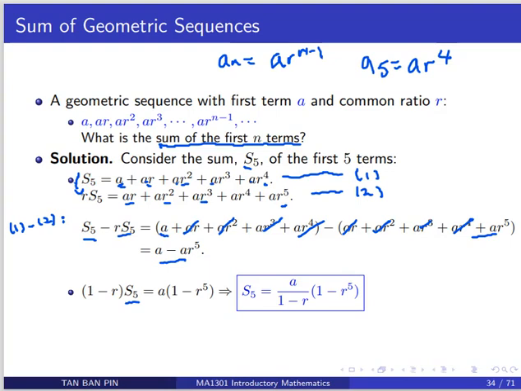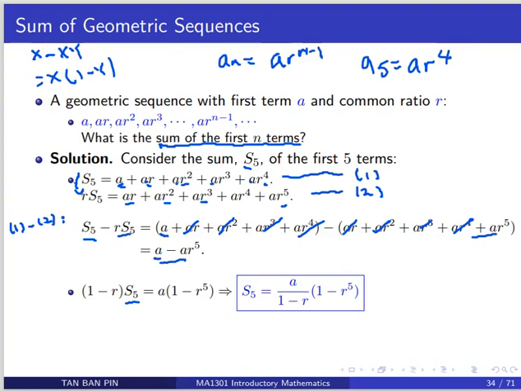It's exactly like factorizing x minus xy. If you take out x, then you have 1 minus y. That's why here it is 1 minus r, then S5. And then you can just divide both sides by 1 minus r. So you'll find that S5 is a over 1 minus r, times 1 minus r to the power 5.